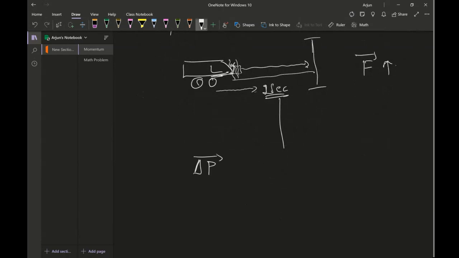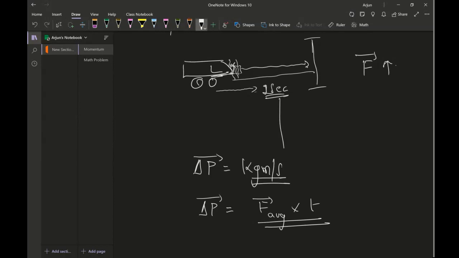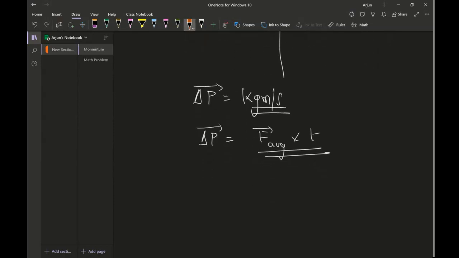So change in momentum is equal to, as I said earlier, kg meters per second. These are the units we studied. Another formula which we wrote was change in momentum is equal to average force times time. Now, what are the units of force?